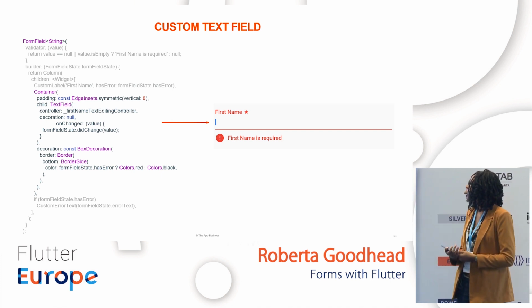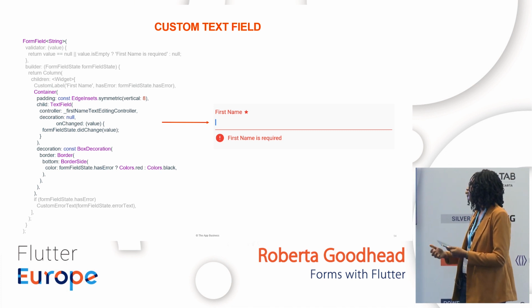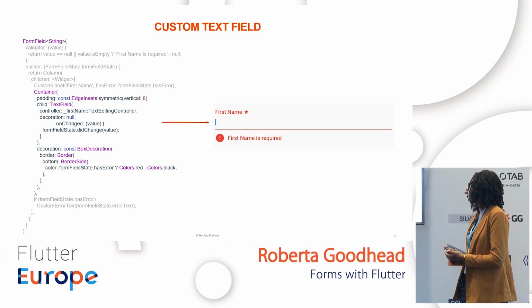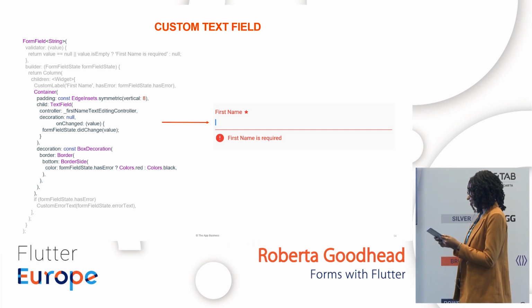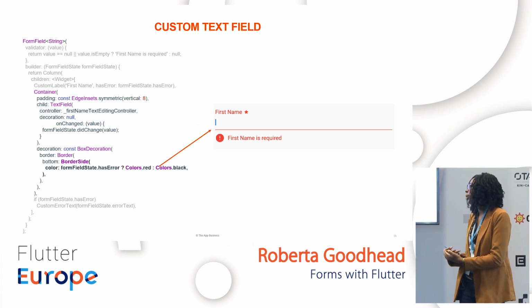And then here, this block represents our main text field. We set the decoration to null because we don't want to use the default in this instance. And then we can just create our own border.